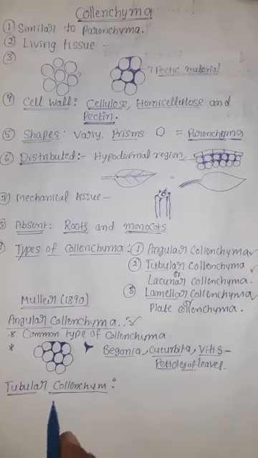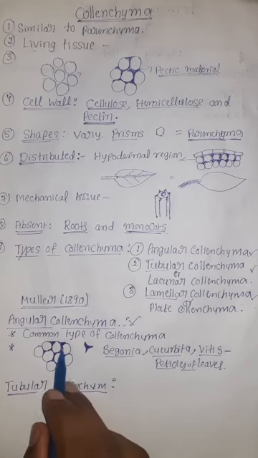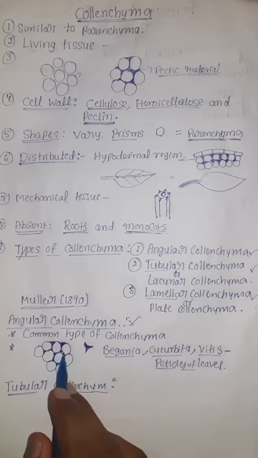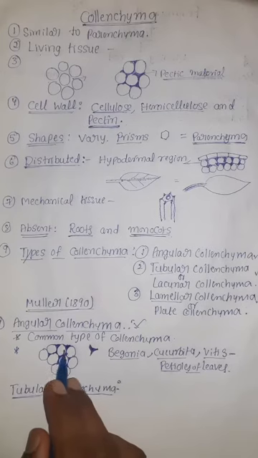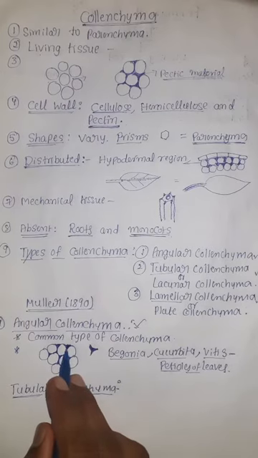Here, in this type, we can see wall materials in the same manner, but the only difference is the presence of air cavities or air spaces between these cells. For example, here there is a pectic wall deposition, right?